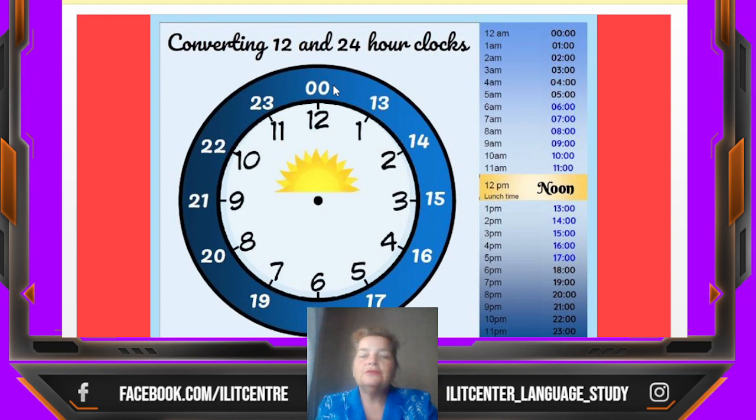According to that, we count from 1 to 12 at noon, and then we continue counting 13, 14, 15, 16, 17, 18, 19, 20, 21, 22, 23, and 24 sometimes we say.